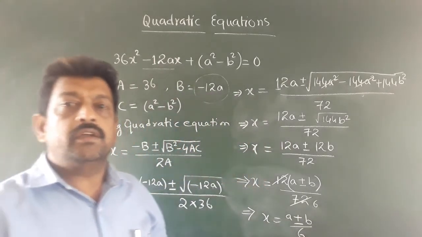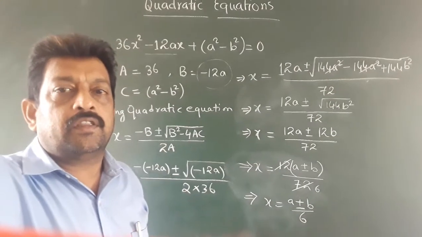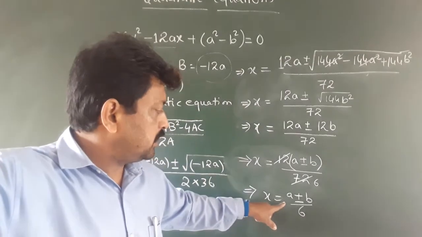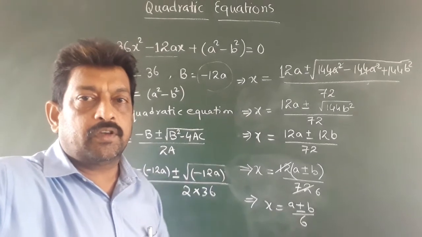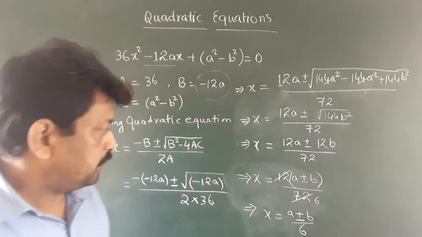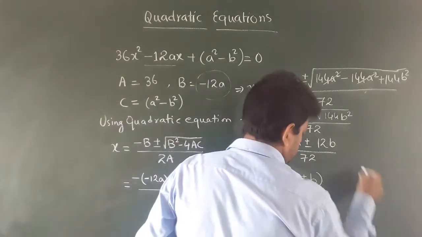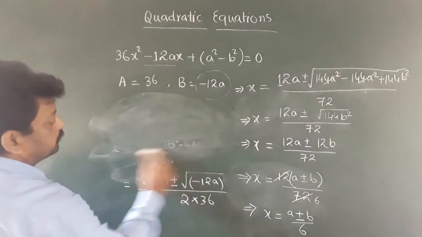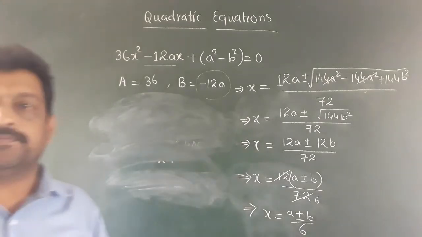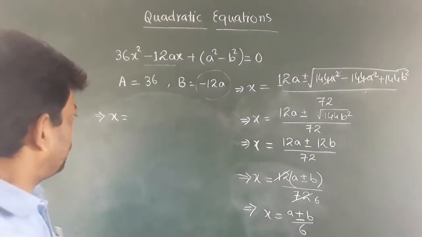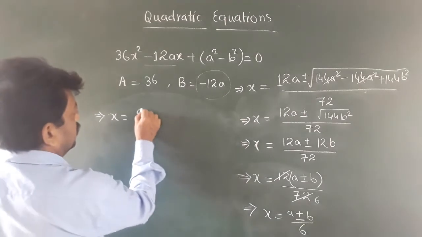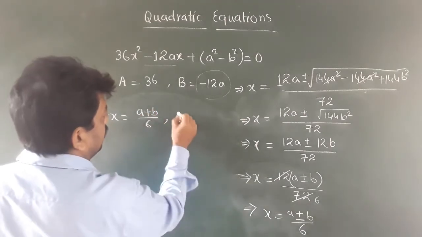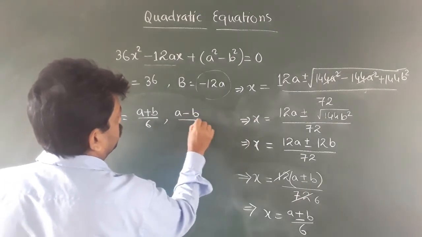Now we are getting two values of x. That is, one is a plus b upon 6 and another is a minus b upon 6. Which implies, let me write here, x equals to a plus b upon 6 and a minus b upon 6.